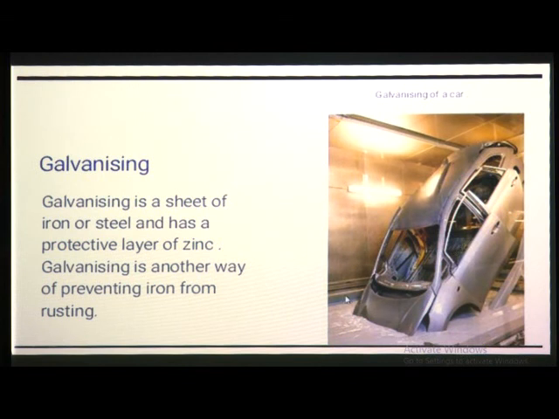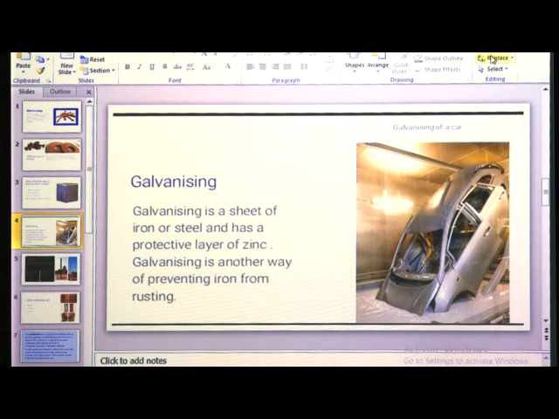This is the way of prevention of rusting for iron substances, and it is called galvanizing. I am going to show you a video by which you can understand how this is done in factories or industries.